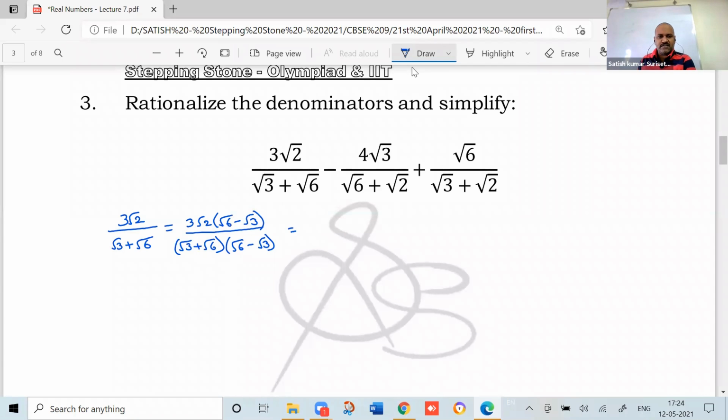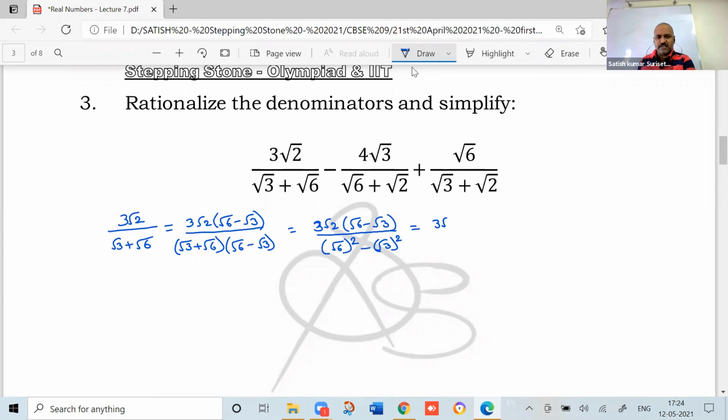Now the numerator is 3 root 2 into (root 6 minus root 3). The denominator is in the form of (a plus b) into (a minus b), so a square minus b square: root 6 whole square minus root 3 whole square.